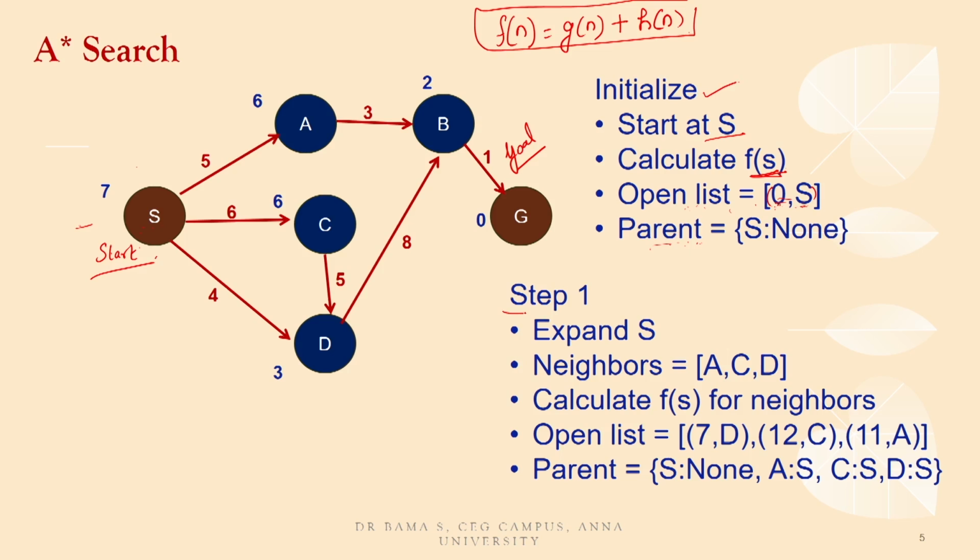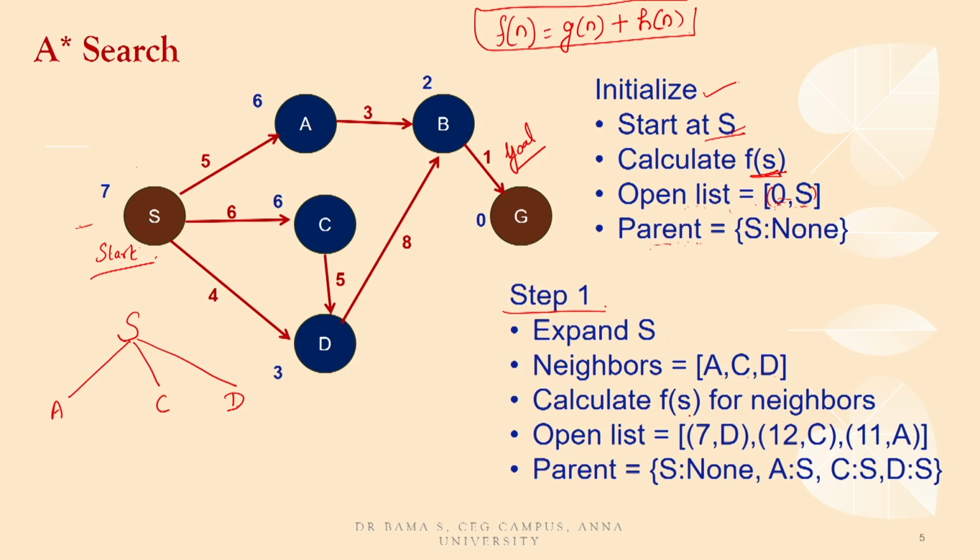Now, coming to step 1. In step 1 we started at S. So, we are going to expand S, and when we expand S there are 3 neighbors A, C and D. So, we will have A, C and D. Now, calculate f of n for the neighbors.